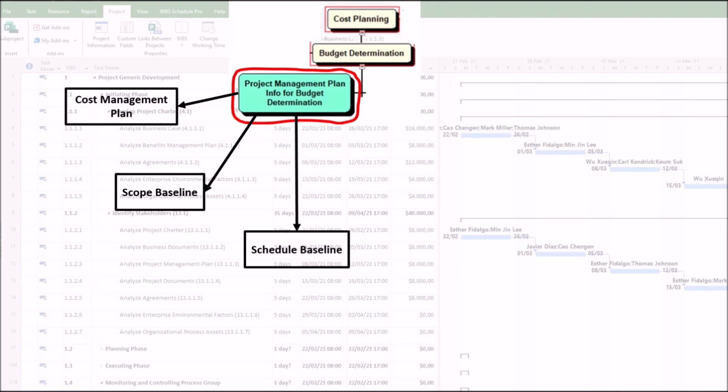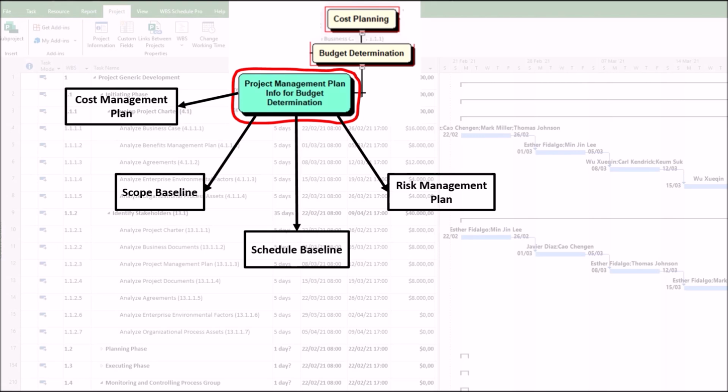3. Schedule baseline. The project management plan provides the timeline for cost allocation, such as phased funding requirements. The project management plan helps in forecasting cash flow and time-phased budgeting. 4. Risk Management Plan.